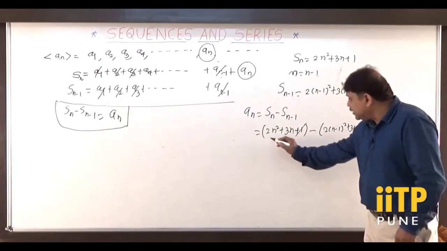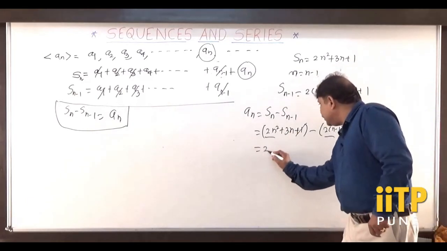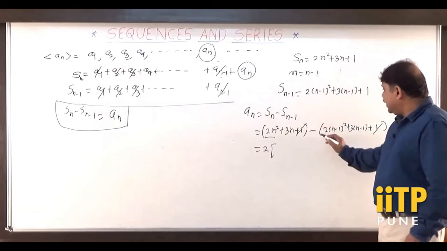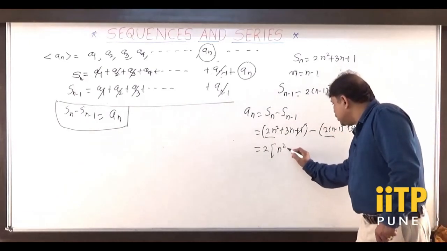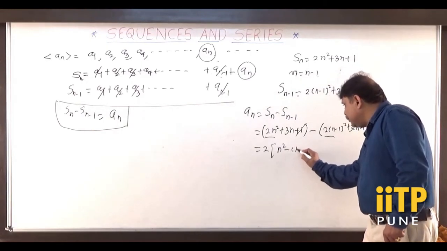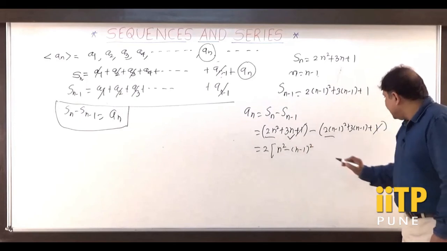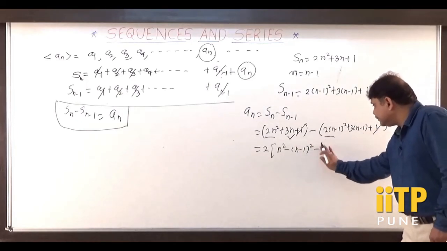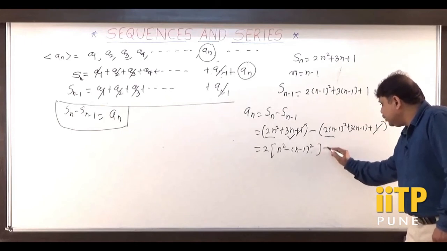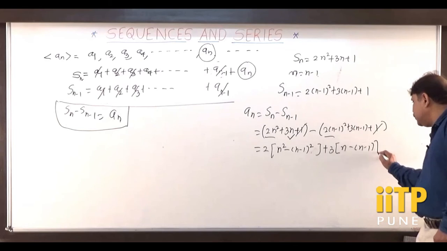Now we can collect the terms. 2 is common: 2n square minus 2 into (n minus 1) square. So this is 2 into [n square minus (n minus 1) square]. Plus then 3n, and this is 3 into (n minus 1). We take 3 common. So inside I get n minus (n minus 1).